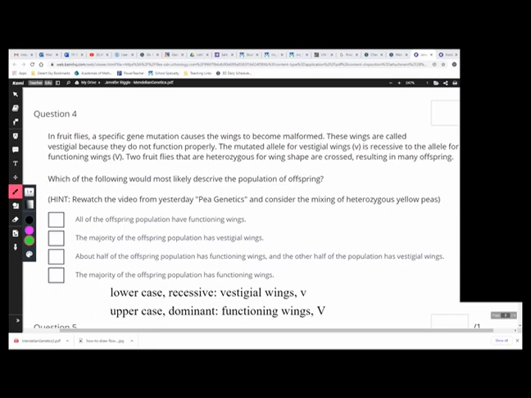If you answered it properly, you're here today. If you did not answer this question, you're not here. So let's try this again.